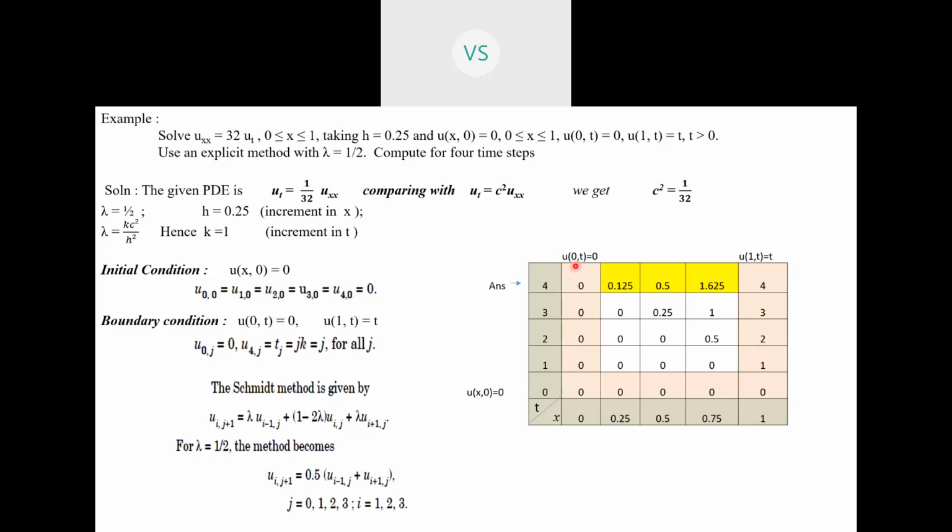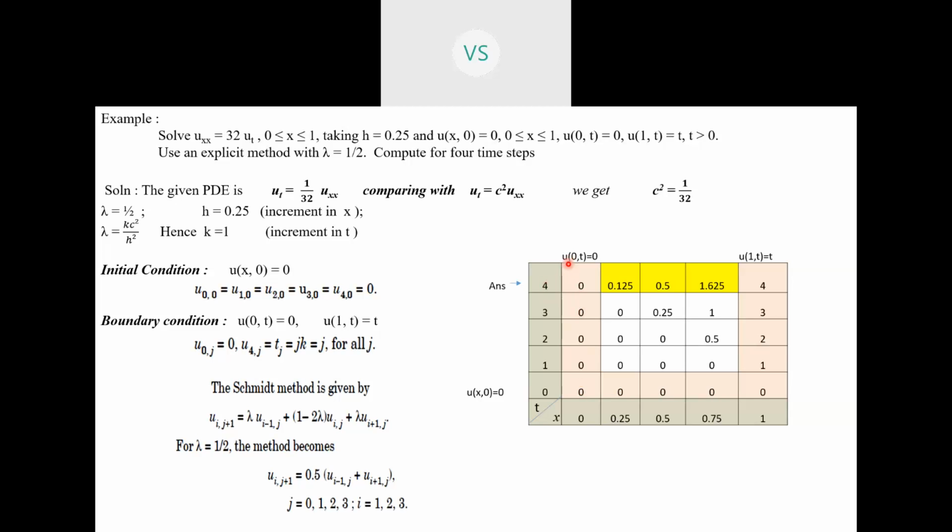So this is the column containing x value as 0. In this column x value is 0 for any time t. Over here there is a time column. Here at any time t, you can see u values are zeros.